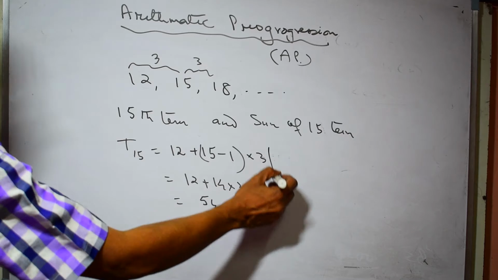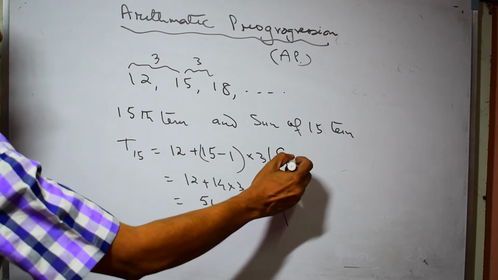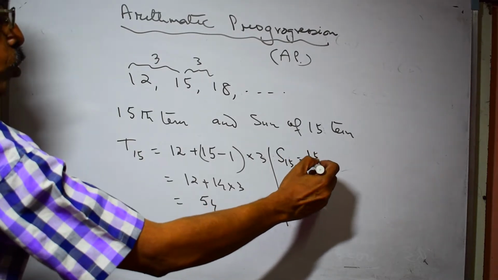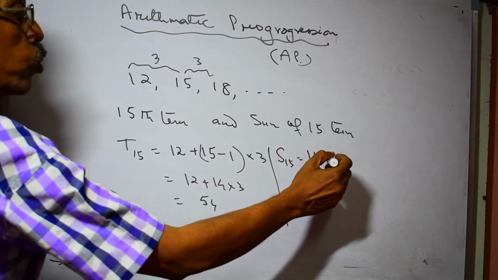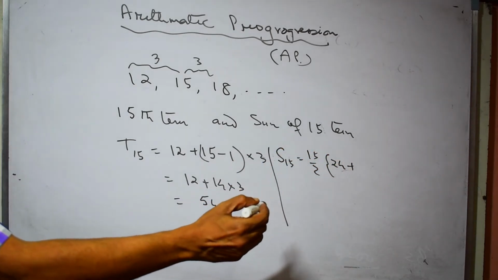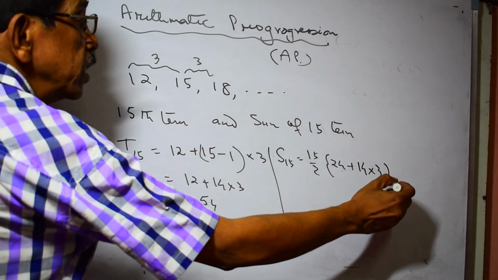On the other hand, when we want to know the sum, the sum of 15 terms is 15 by 2 into 2a plus 14 into D, that is 24 plus 14 into 3.